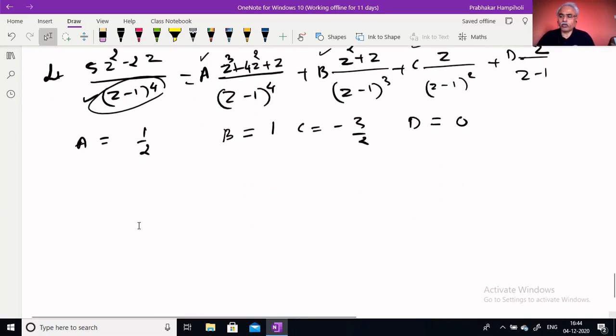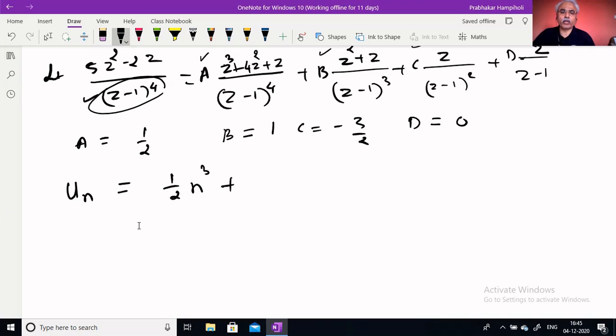So substituting all these values and taking inverse transformation, you will end up with half n cube, because A is half; B is 1, so this becomes n square; C is minus 3 by 2 into n. The constant term is not there, leave it.